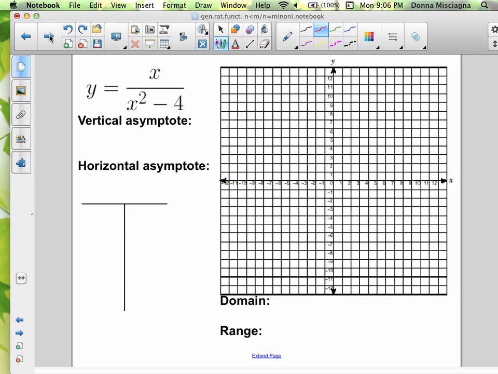All right, so we have 2 vertical asymptotes, x equals 2 and x equals -2. Let's graph those. Okay. And then the horizontal asymptote is y equals 0.